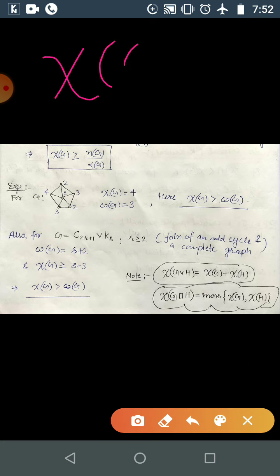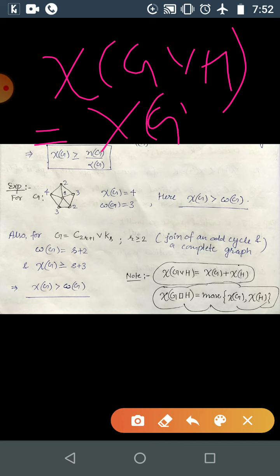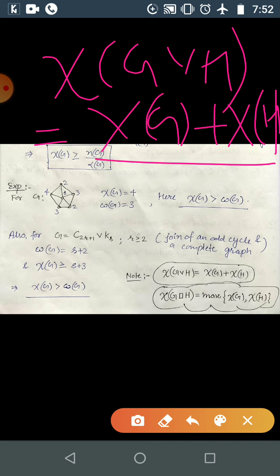So G join H, and if you know the chromatic numbers of G and H, then this will be the sum of the chromatic number of G and the chromatic number of H. This happens because some edges are added between G and H. And then there is the Cartesian product of G and H.